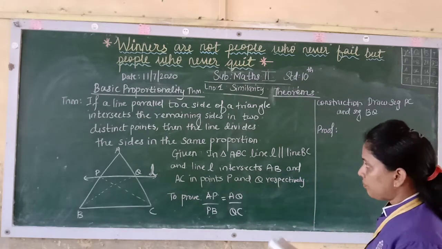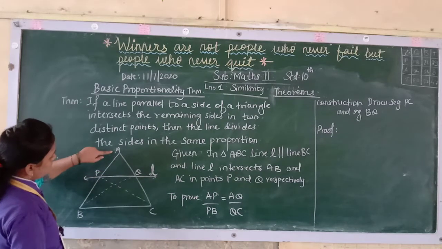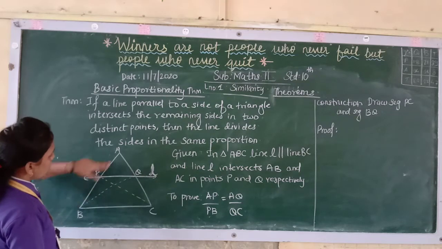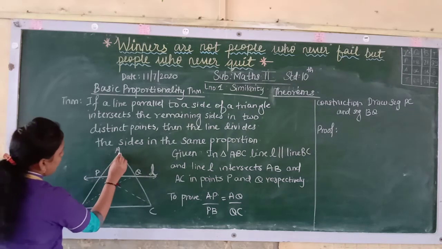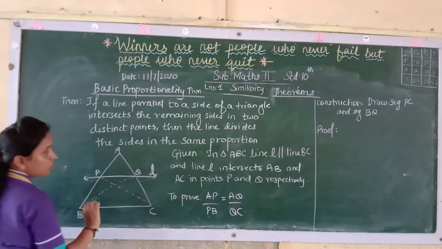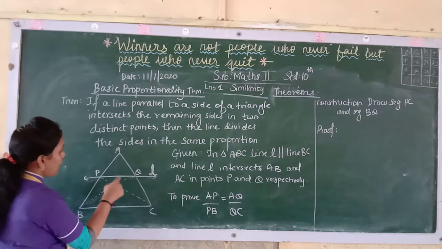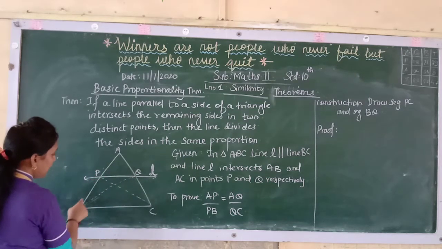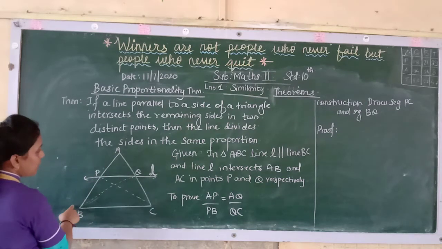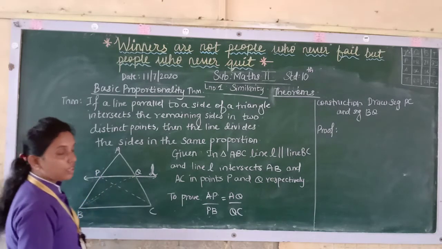Now see, this is triangle APQ and PQB. If you see both these triangles, that is APQ and here QPB, these two triangles have the common vertex Q and their bases lie on the same line. So when the bases lie on the same line and they have the same vertex, their heights will be equal.